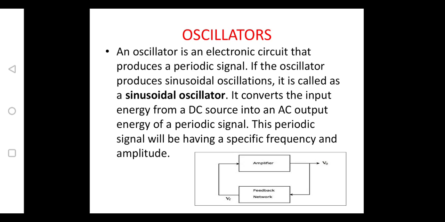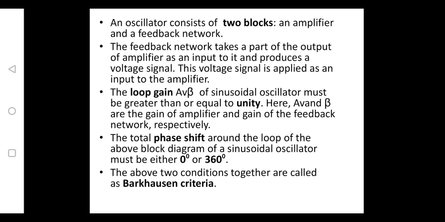Whatever output voltage we are getting is fed back towards the input, and the process is continued until we get a periodic signal of specific frequency. So an oscillator consists of two blocks: an amplifier block and a feedback network.